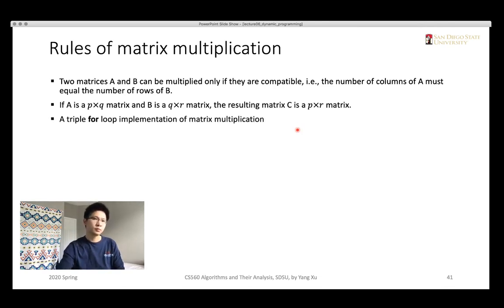Okay, so now we just consider a very naive triple for loop implementation of doing this matrix multiplication.